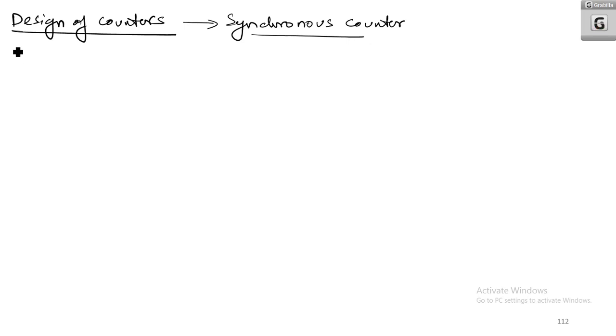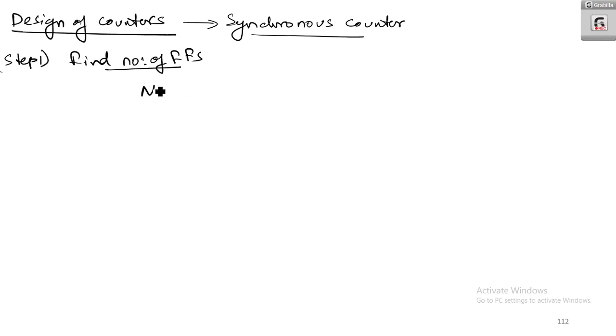Now coming into the synchronous counter. So what is the first step which needs to be followed? First step is you need to find the number of flip-flops required. So how to find the number of flip-flops?